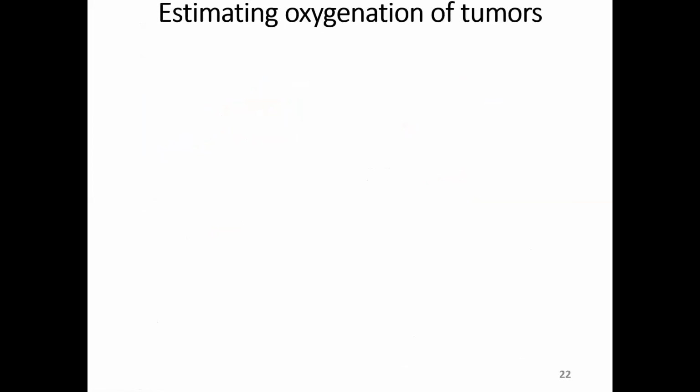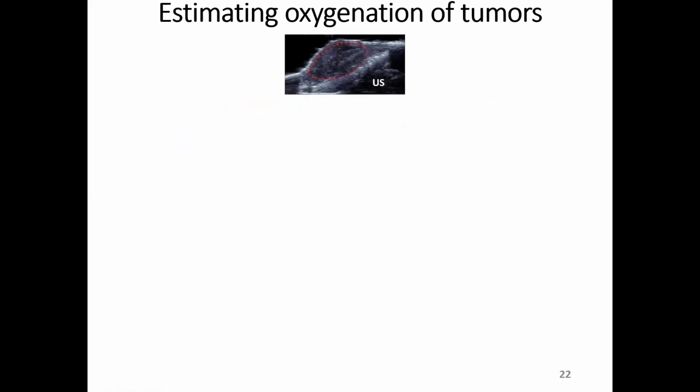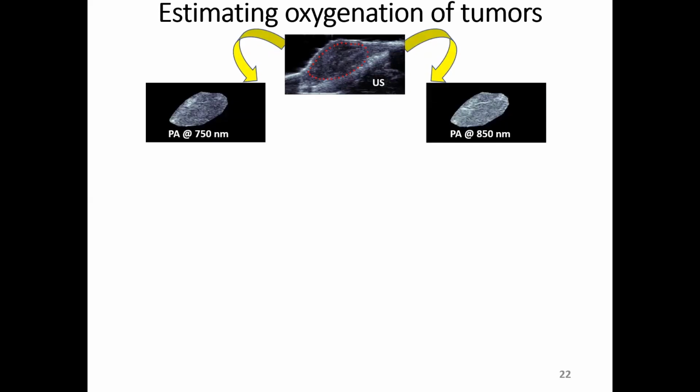So to illustrate how we estimate the oxygenation of these tumors, we rely on the amplitude of our RF signals. And most importantly, we also rely on the co-registered anatomical information that the ultrasound images provide, which allows us to segment a region of interest from the ultrasound, which we then apply to the photoacoustic images.